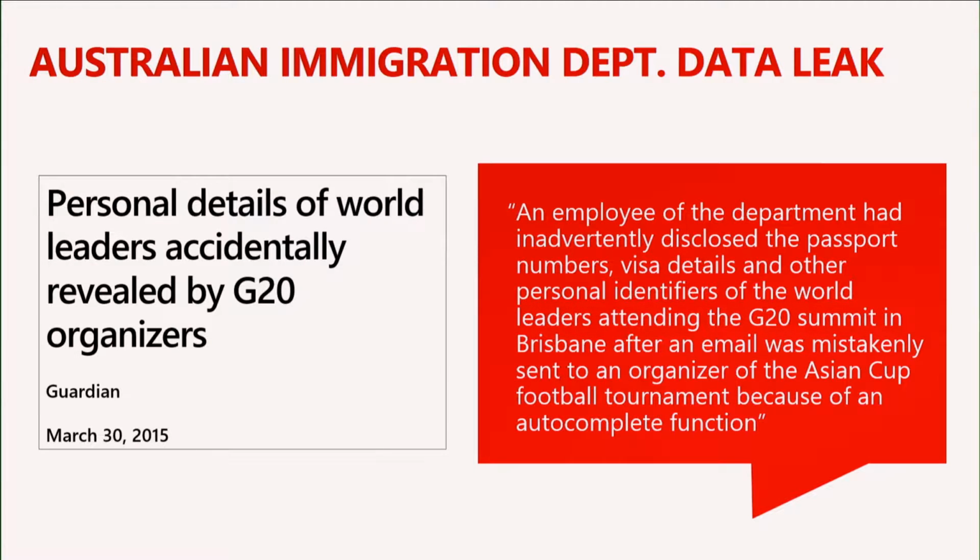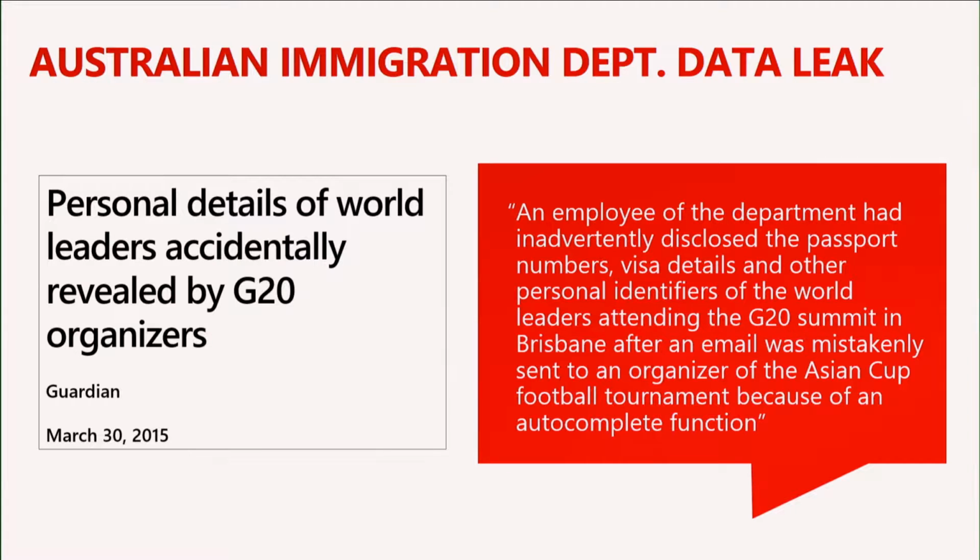The Australian Immigration Department leaked the travel itinerary, the passports, the visas for the G20 leaders when they were doing the G20 summit there. So someone knew where the president was going to be in his travels and when. So I think that person lost their job.